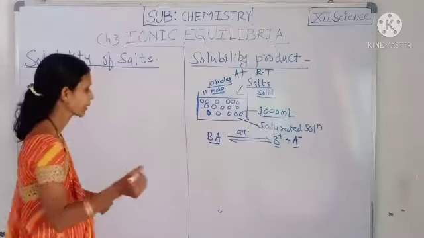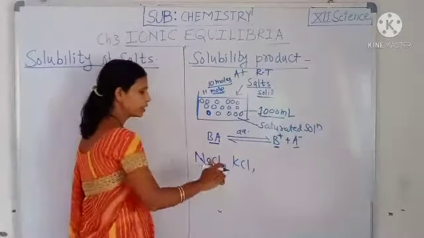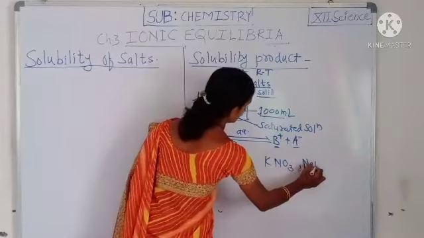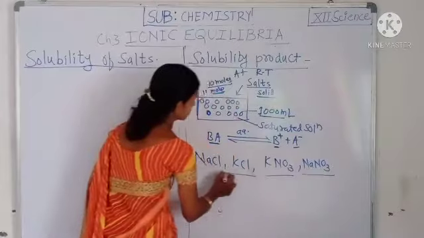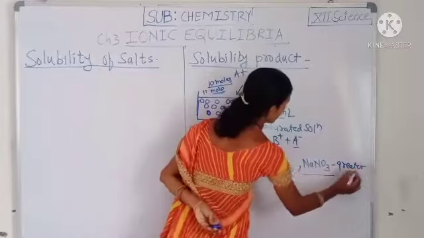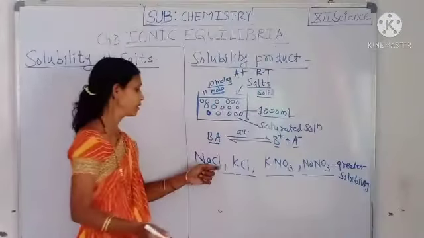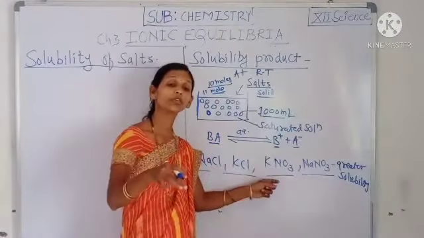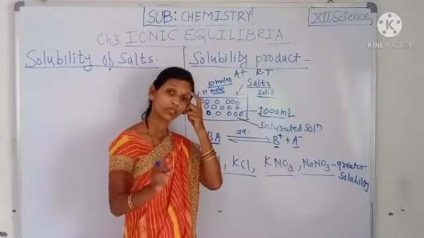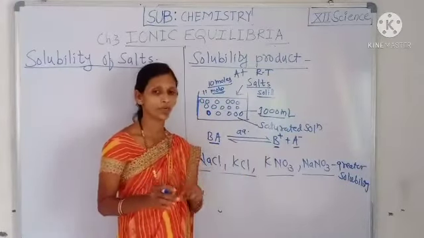For example, chloride salts like NaCl, KCl, as well as nitrate salts like KNO3, NaNO3 have greater solubility. That means these salts dissolve in large amounts in a given amount of solvent, that is, in a given amount of water at a given temperature.